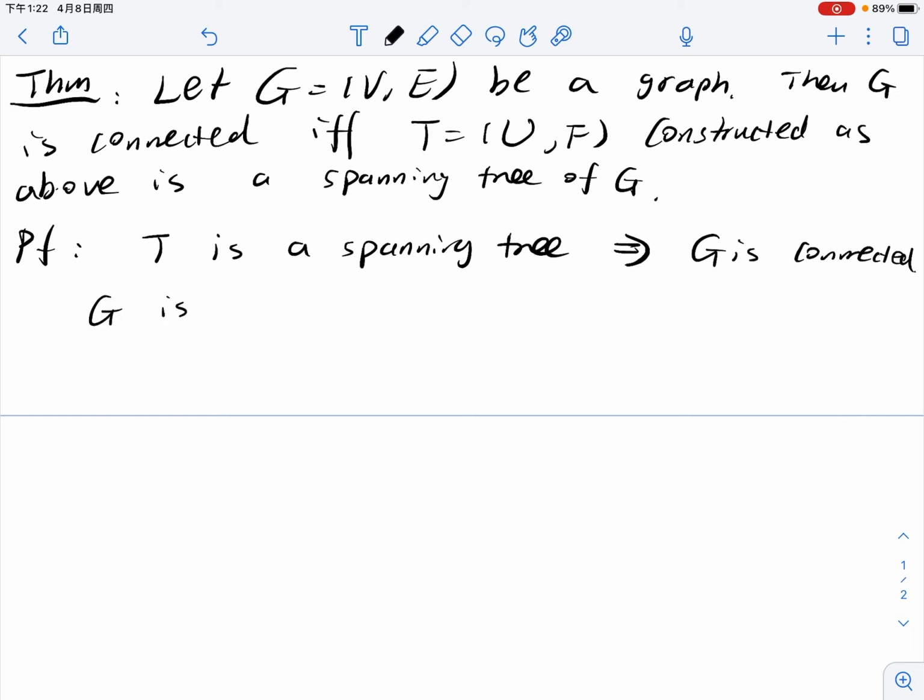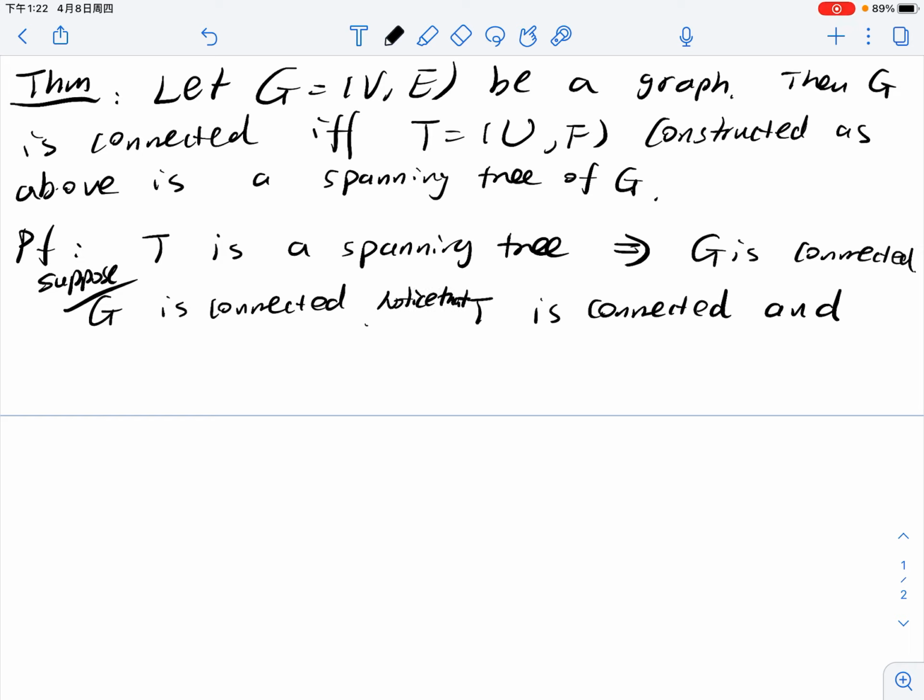On the other hand, let's suppose G is connected. Note that by the algorithm, T is connected and the cardinality of F is the cardinality of U minus 1.